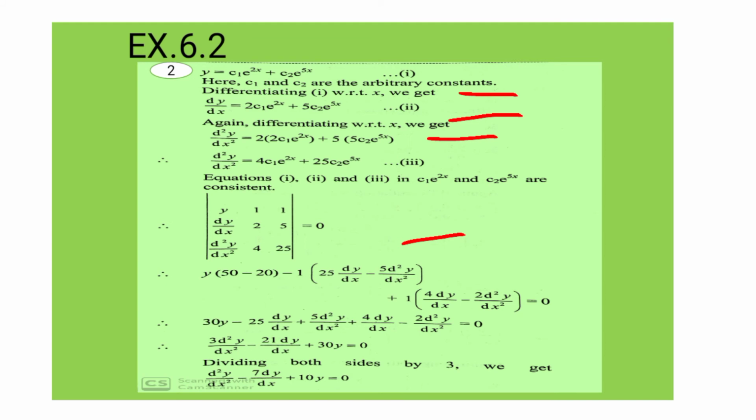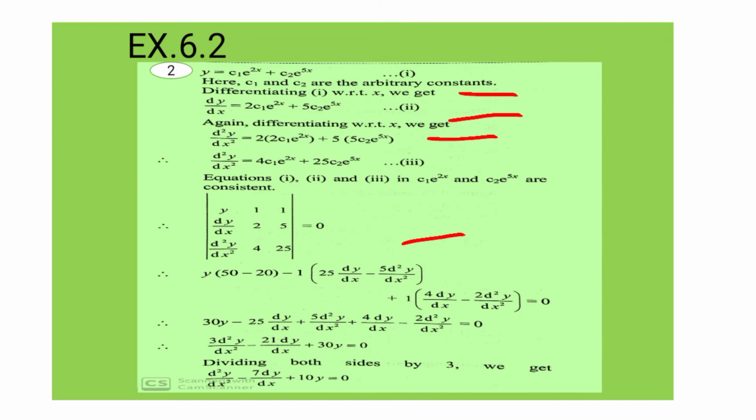Therefore, 30y minus 25 dy/dx plus 5 d2y/dx square plus 4 dy/dx minus 2 d2y/dx square is equal to 0. Therefore, 3 d2y/dx square minus 21 dy/dx plus 30y is equal to 0.